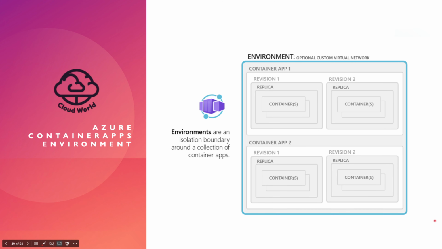So for that, we have in the middle the Azure environment, and the Azure environment is just going to be a container box where all the containers that you deploy in Container Apps are going to be deployed. Take this example. Let's suppose that you have a web application and you have 5 microservices. You can deploy all of those into a single environment, and each one of those services is going to be a representation of a container.